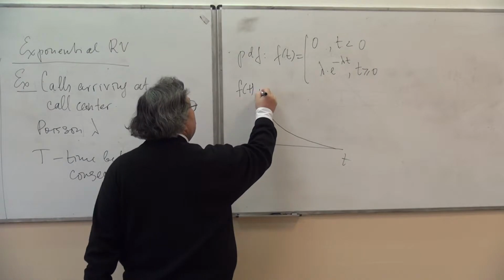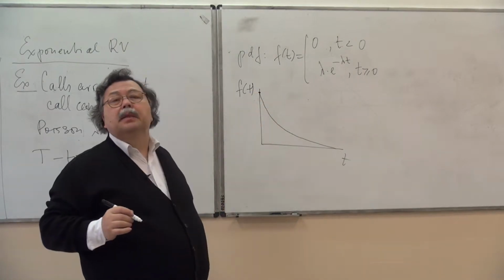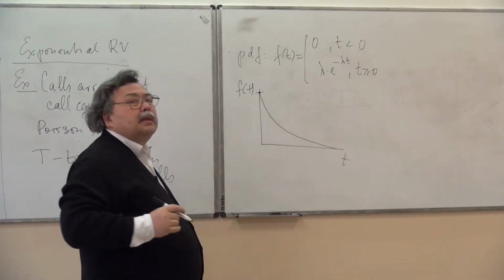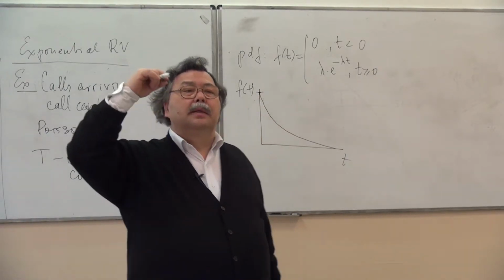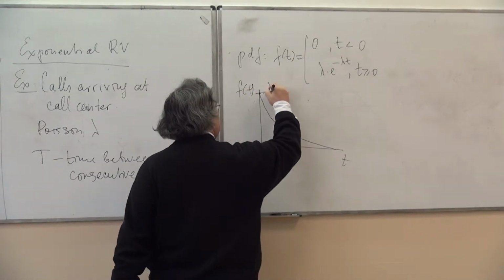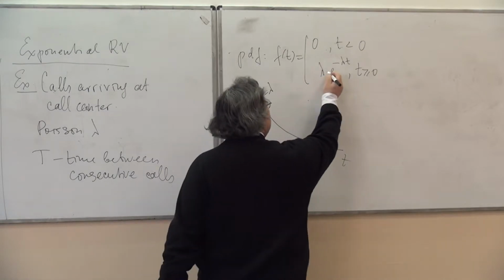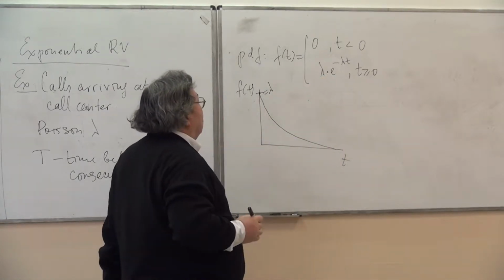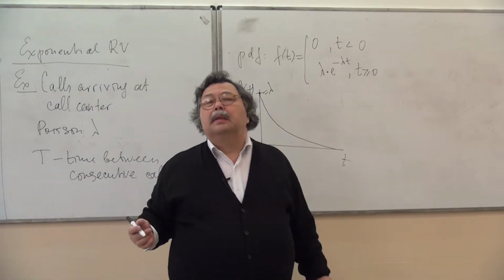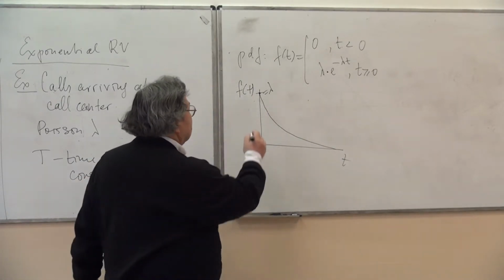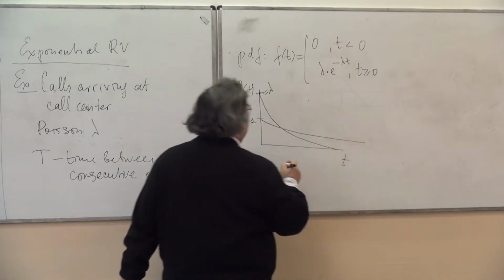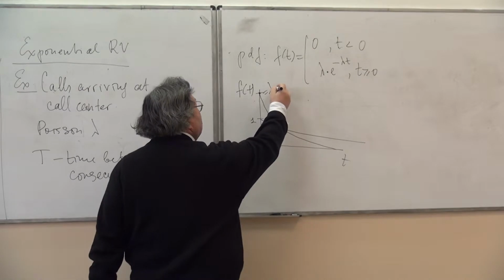Now this y-intercept, the coordinate on the vertical axis where this curve starts, is actually equal to lambda. Lambda can be any number. For example, suppose lambda is 1 here, and suppose this is 2.